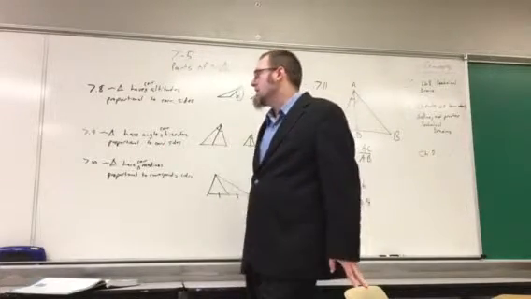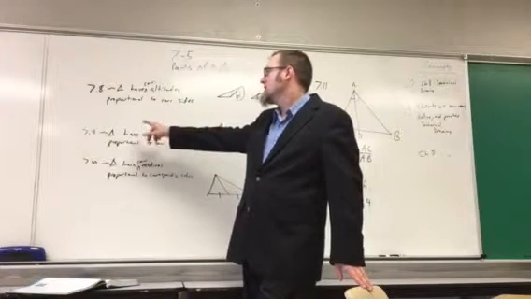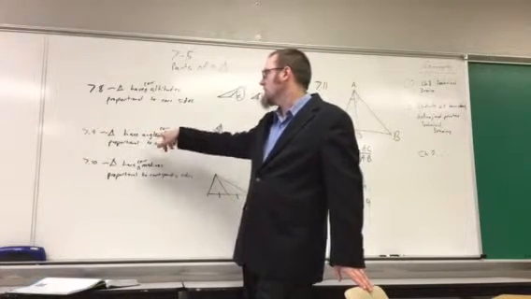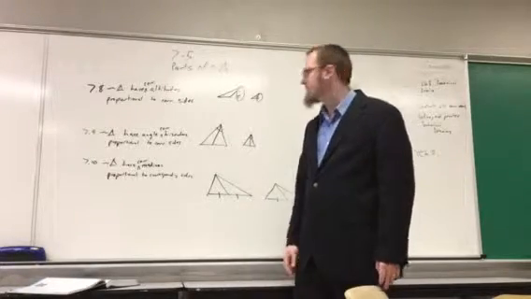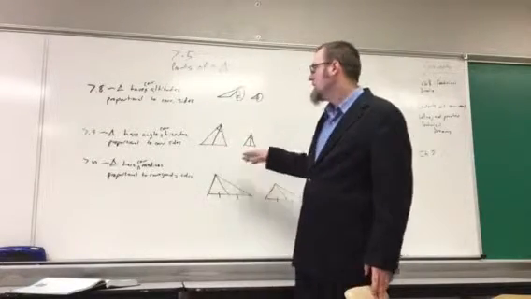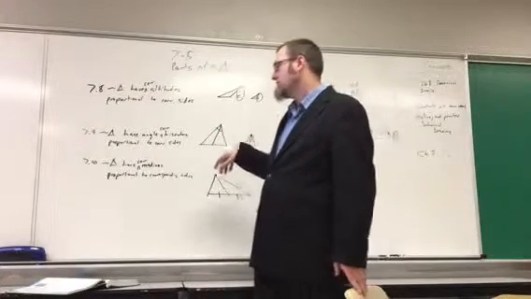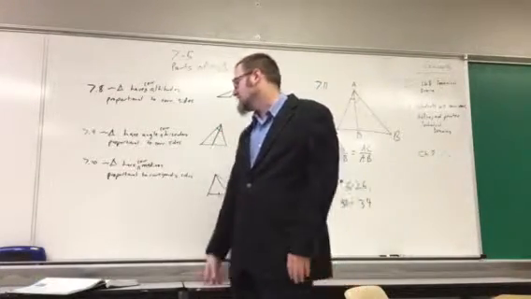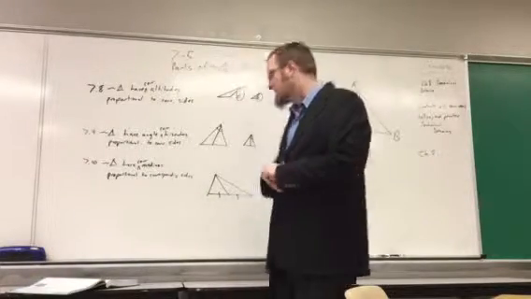So if this is a 2 to 1, then the altitudes would be 2 to 1. On 7.9, and I had to add corresponding, the similar triangles that have corresponding angle bisectors, those are proportional to the corresponding side. So if this is like a 3 to 2, then this angle bisector, the length of it would be 3 to 2. And then in similar triangles, they have corresponding medians that are proportional to the corresponding sides.